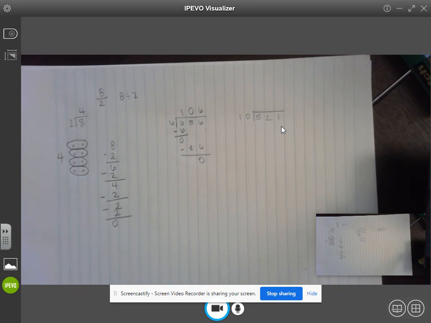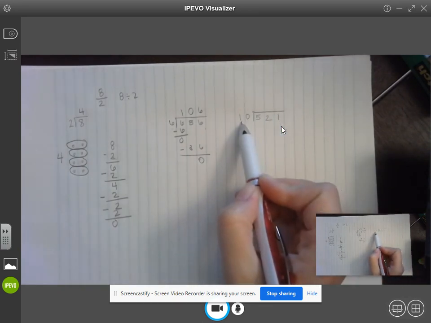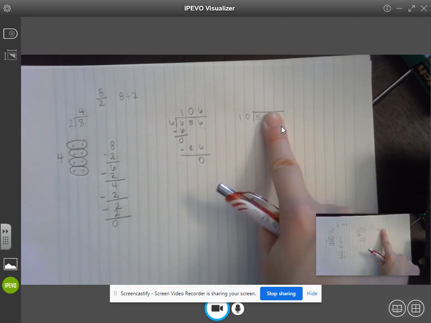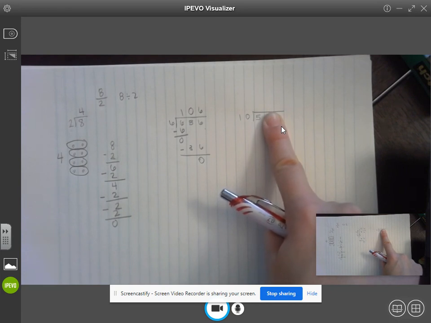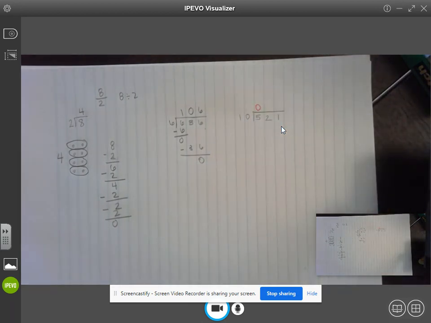All right, let's step up that difficulty one more time. Let's do 521 divided by 10. So first we ask ourselves, in that hundreds place, does 10 go into 5? Could I subtract 10 from 5? Nope, I cannot. So let's put a 0 as a placeholder.